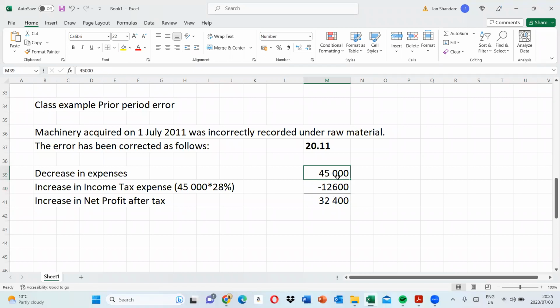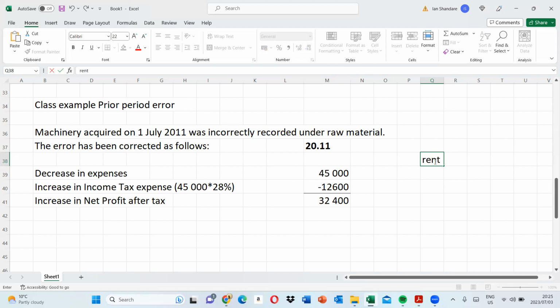Remember, decrease in expenses. Think of it this way. There are two ways that we can explain this. An expense in the statement of profit and loss, you record it as a negative, right? So when your expense decreases, it means it's carrying the other sign. Remember, to decrease an expense, you add it. Let's say, for example, you have rent.